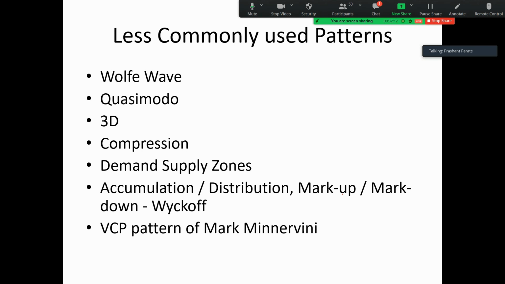These are less commonly used patterns. Less commonly used does not mean that they are not good, but fewer people know these patterns. So these are some common and less common patterns which are used for trading decisions, and they give us risk and probable targets before taking trades.